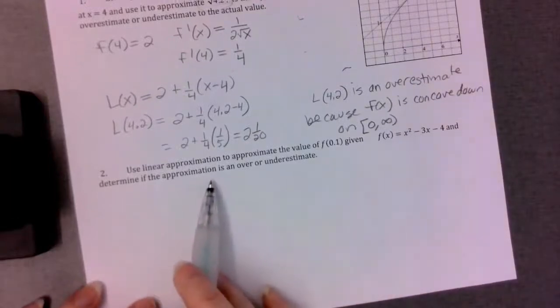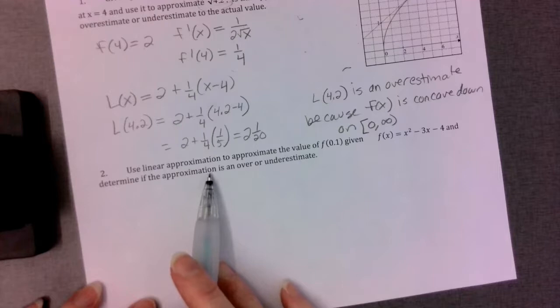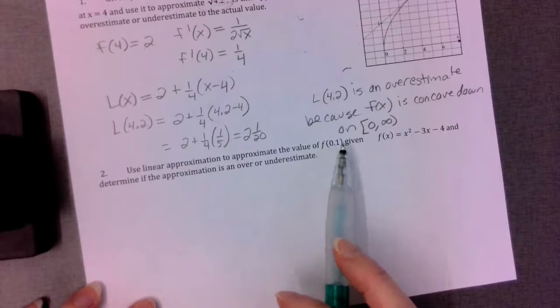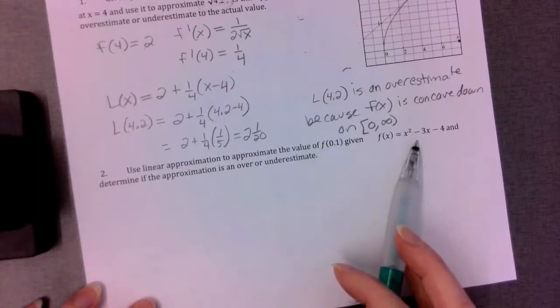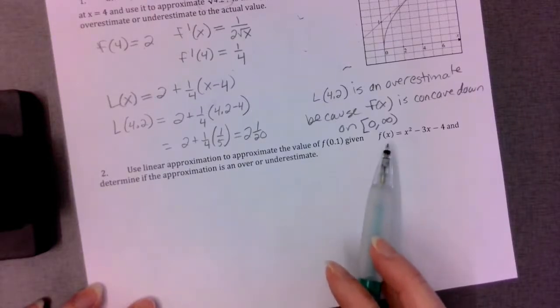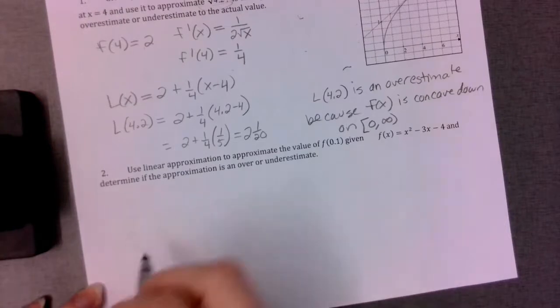Number 2, use linear approximation to find this value at 0.1. So 0.1 is kind of a crazy number to put into that function. So the linearization process is going to give me an approximation to that value, and we'll tackle that in a moment.